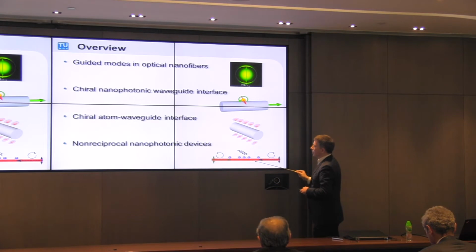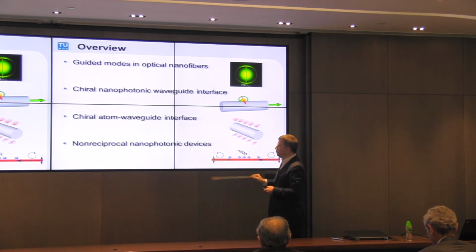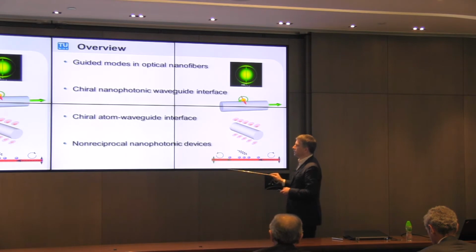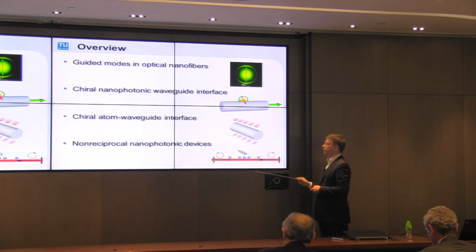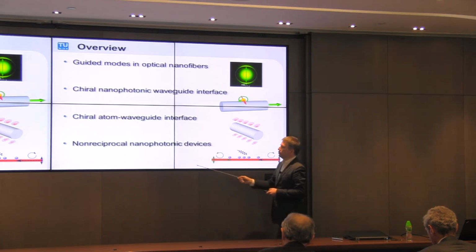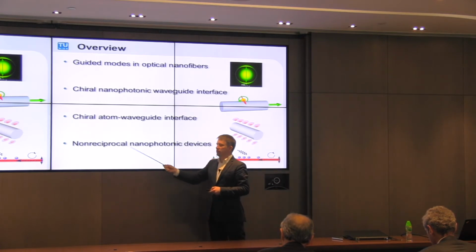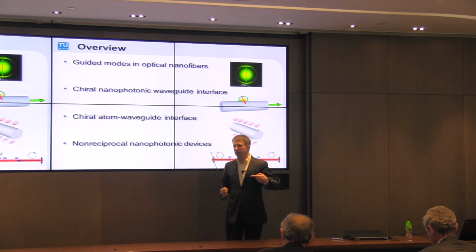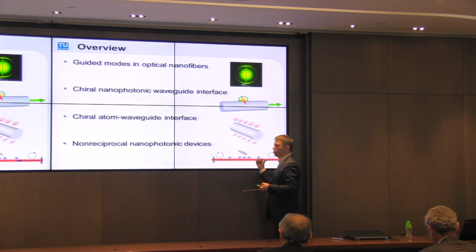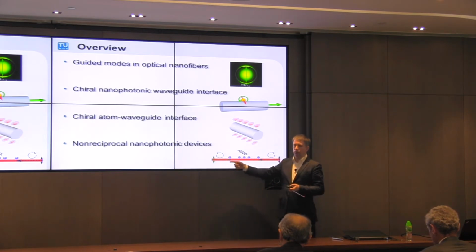And then I will come to some useful application of the physics involved in this by presenting some non-reciprocal nanophotonic devices, where non-reciprocal means that these devices treat light differently if it propagates from left to right or from right to left through the waveguide.